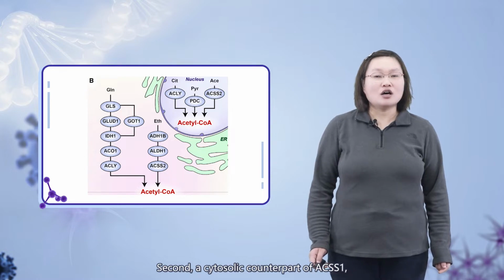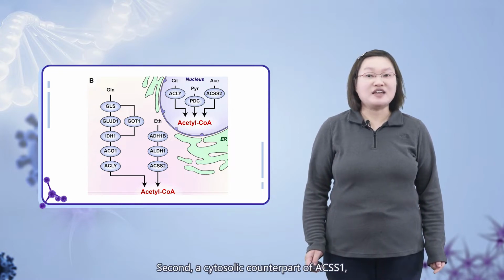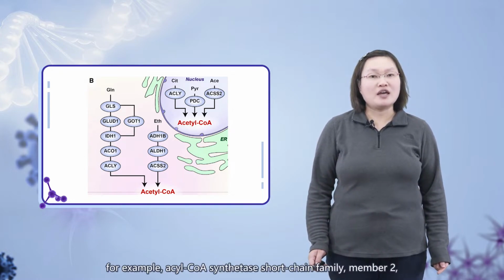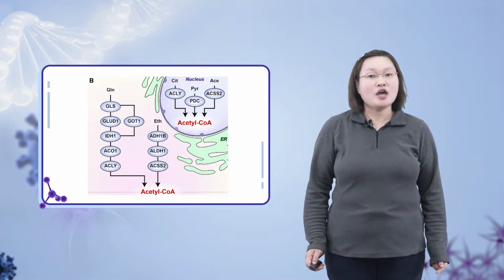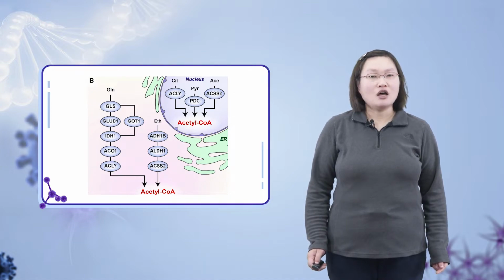Second, a cytosolic counterpart of ACSS1, namely acetyl CoA synthetase short chain family member 2, called ACSS2, employs acetate to produce acetyl CoA in an ATP-dependent manner.